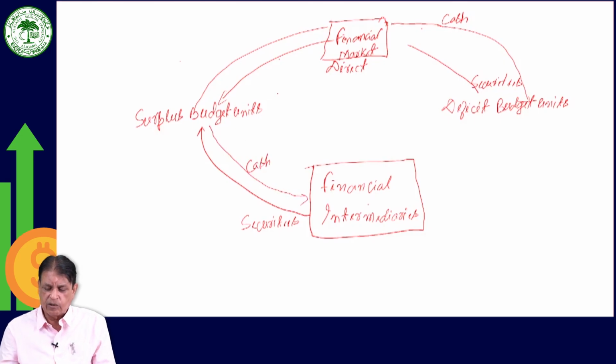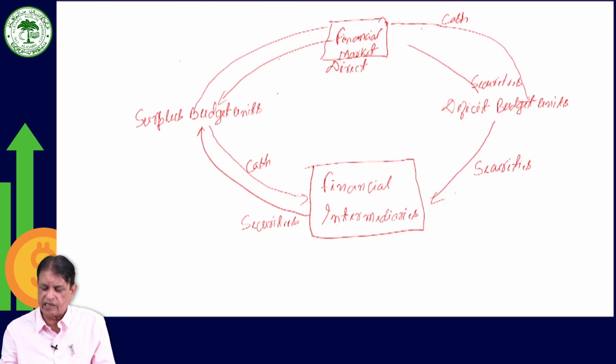Now, the funds that these financial intermediaries obtain, they invest in the primary securities, the securities issued by the deficit budget unit. These financial intermediaries purchase them.